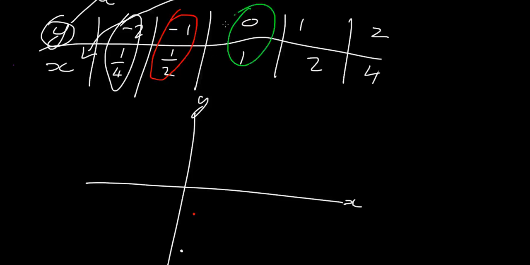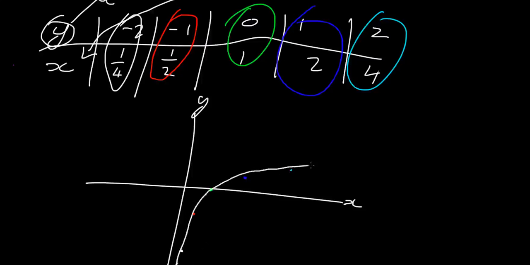The next point is x is 1, y is 0, somewhere there. X is 2, y is 1. That is somewhere over there. And x is 4, y is 2. So that is somewhere over there. And then we can play join the dots, and you end up with a function that looks like that. And that's your log function.